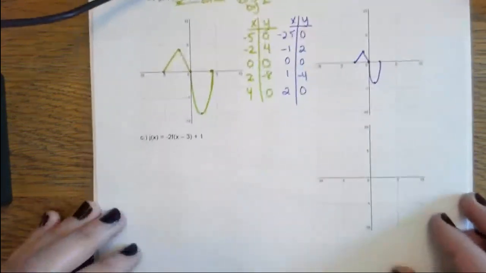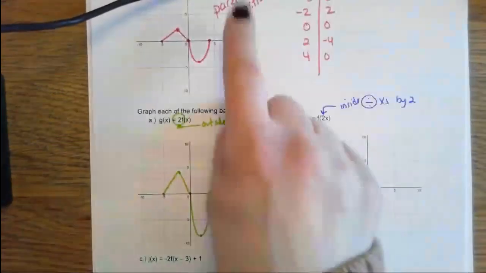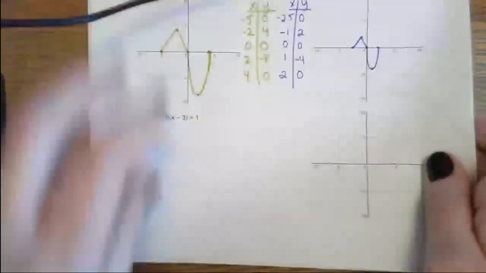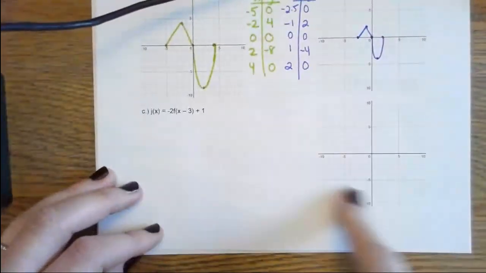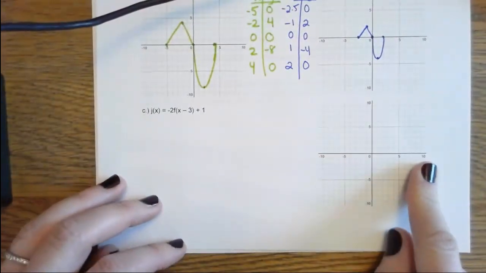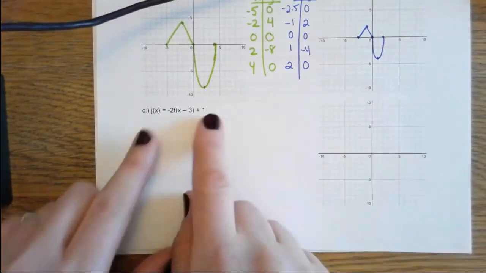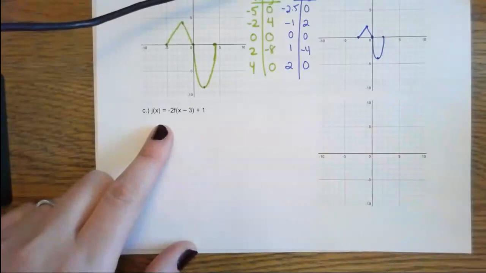Now, the last example I have here is we're going to use the same parent function to start, but we're going to apply more than one change. I probably should have provided you a couple different grids here because it may get a little bit messy, but I'm just going to take it one piece at a time. And the big thing to note here is that you want to do this like you're doing order of operations.